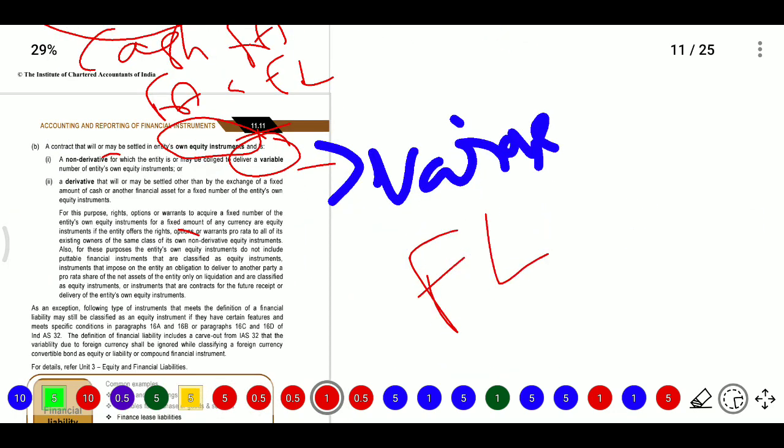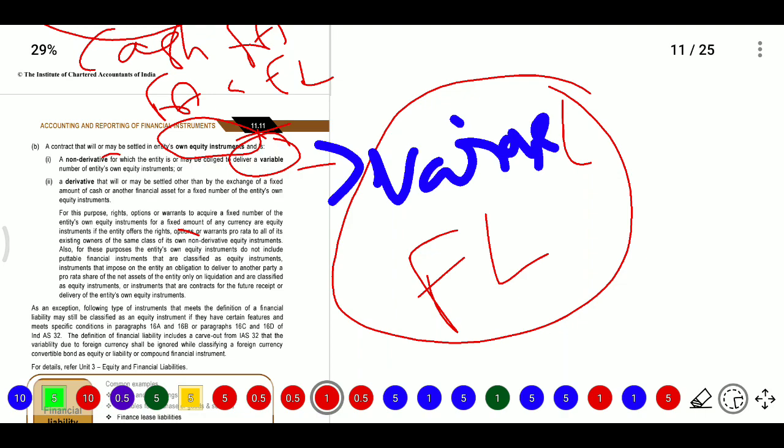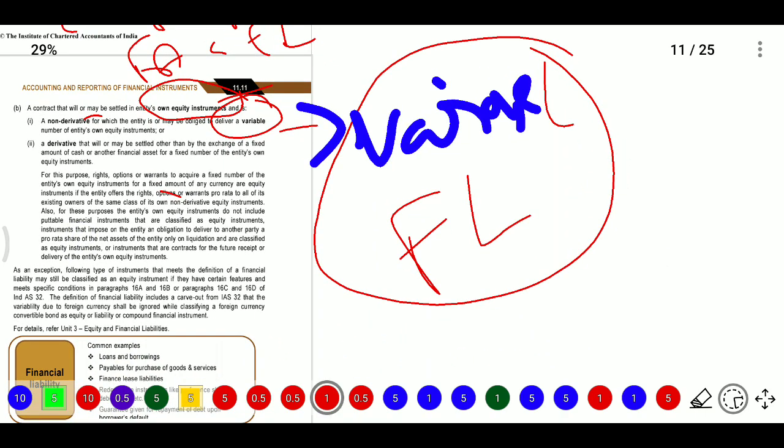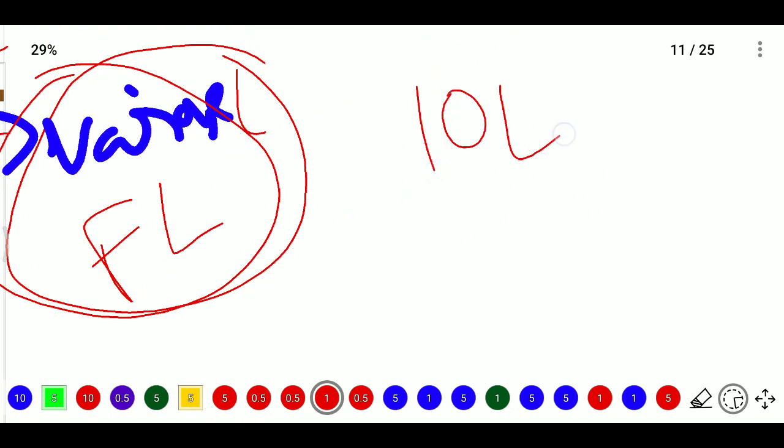What is the logic here? The logic is simple. If it is a fixed number of equity instruments, and we need to pay as per the market value, and the market value is changing, equity also changes, so there is a risk, and it will become equity. But here it is a variable number of equity instruments. Variable number of equity instruments means the amount was fixed, for example 10 lakh rupees.